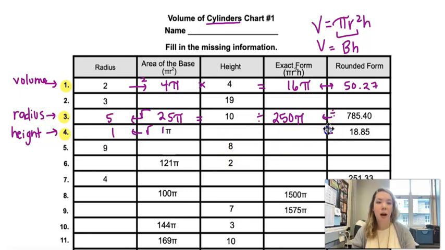So I'm going to divide by pi. 1885 divided by pi would round to be 6. So 6 pi. And then you can take 6 divided by 1, which is 6, or you can say what times 1 equals 6. Either way, you're going to end up with 6 for your height here.